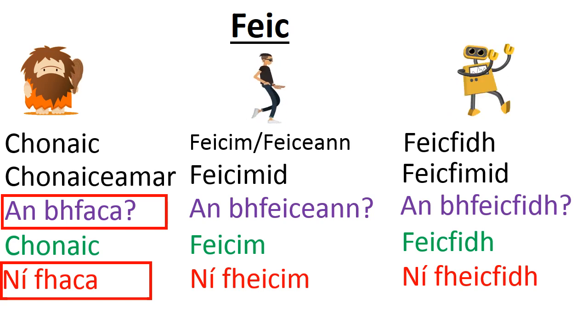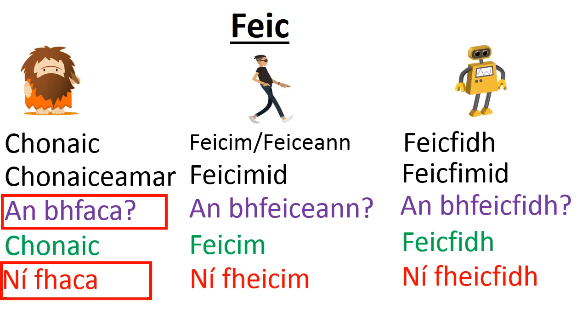I went to school and I saw my teacher. Okay, how about: Téimid go dtí an Spáinn gach samhradh agus feicimid ár gcairde. We go to Spain every summer and we see our friends.